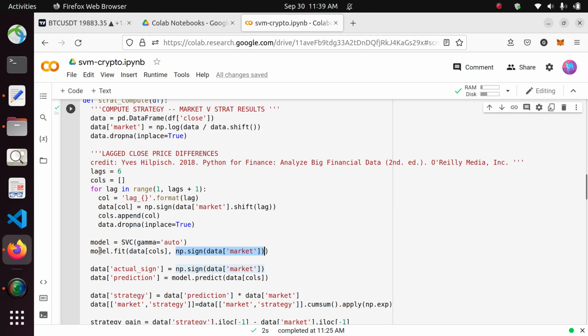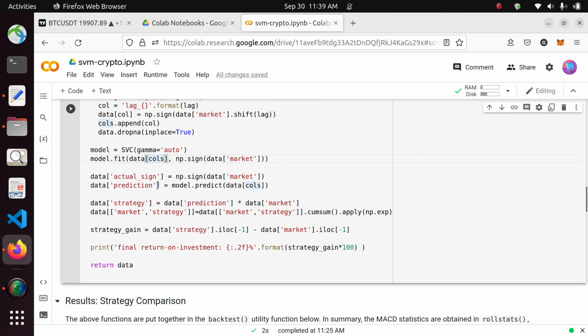This is how you're actually running the machine learning here to fit the actual signs to the lags, the lagged signs, which are all these columns. That's how it's doing the fitting.